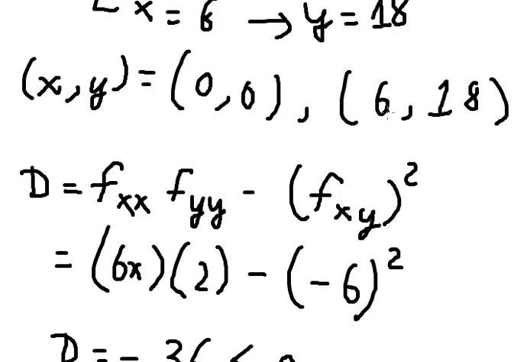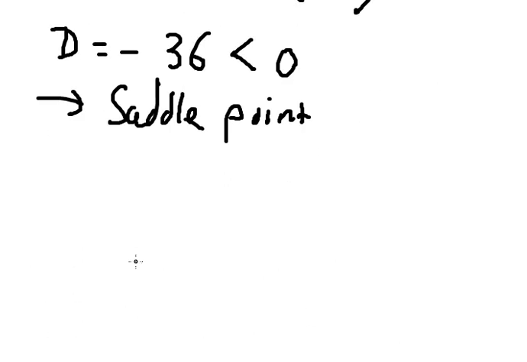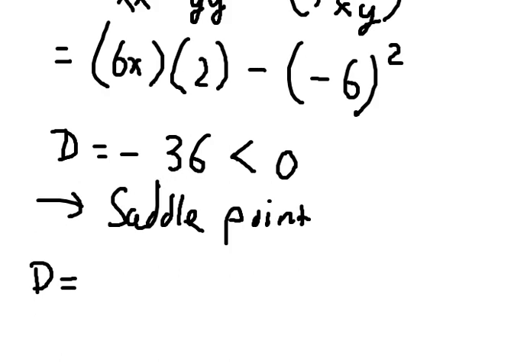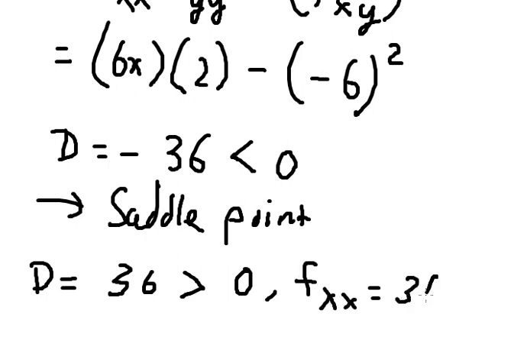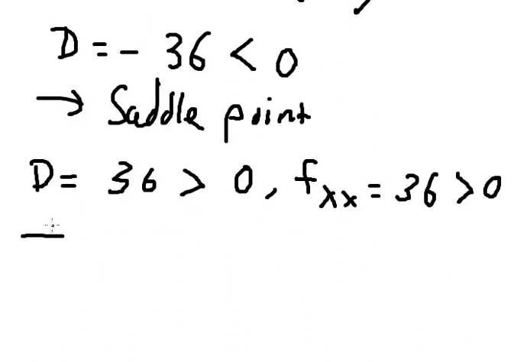So the next one, if we put number 6 here, so we have D equals to 36 greater than number 0, and fxx we have 36 greater than number 0. So this one that is a relative minimum.